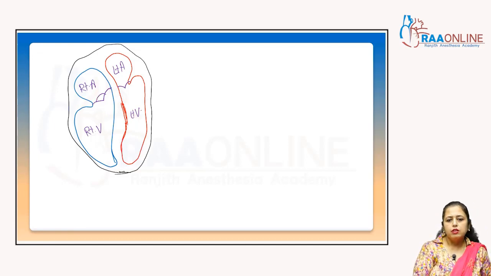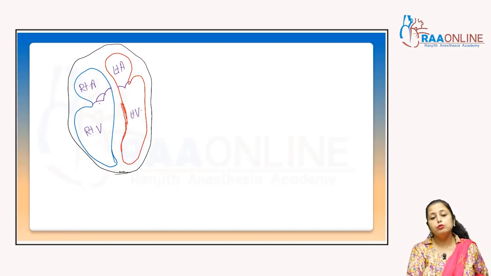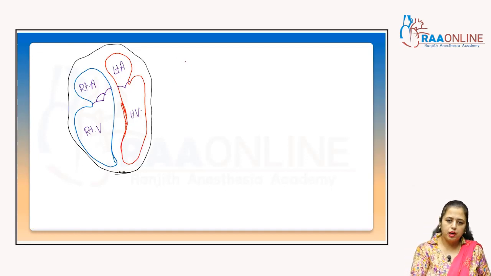On the right side, there is a valve present which controls the flow of blood from atria to ventricle, right? Or we can say which prevents the backward flow of the blood. These valves prevent the backward flow of the blood.